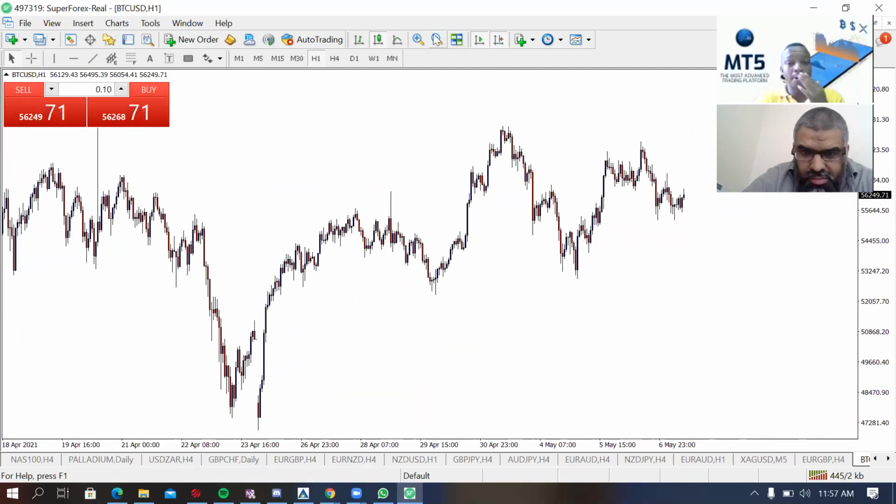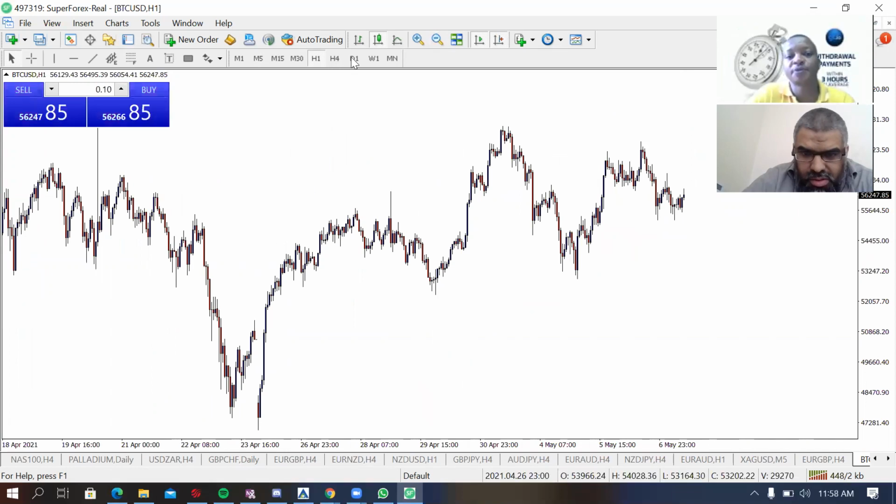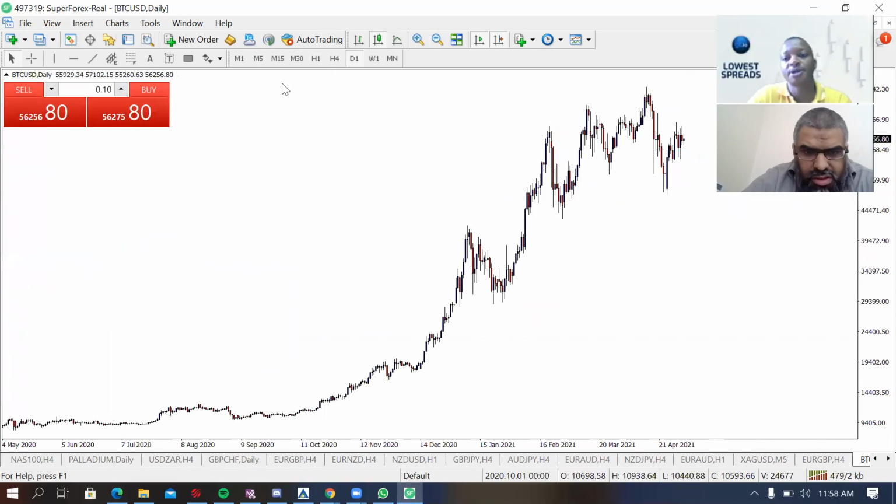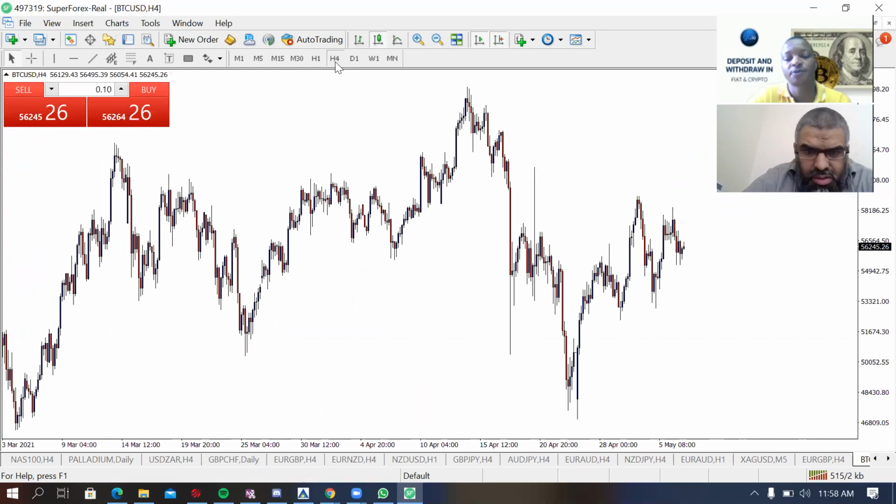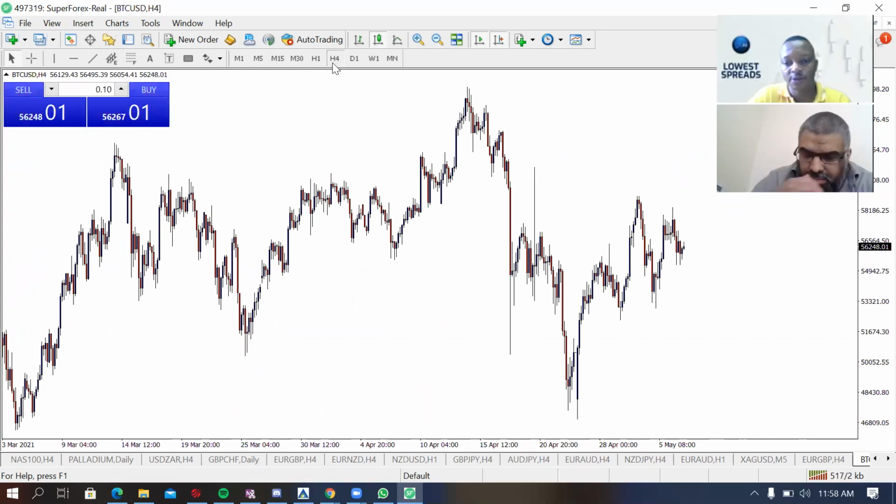Number one, like I said, we check the behavior of the market on the higher time frame. We are on H4. Higher time frame starts with H4. I don't think this Bitcoin here is updated. Let me just check.